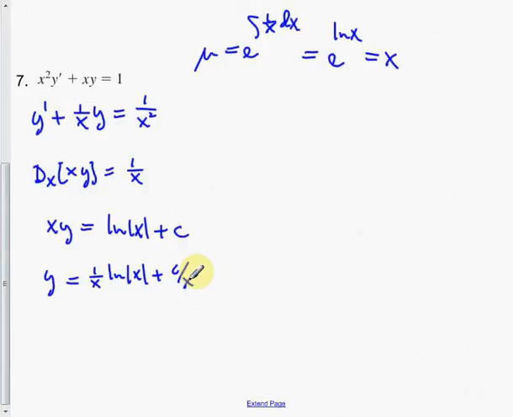The transient part is c over x, and it exists on the open interval from 0 to positive infinity. Is everybody happy with that? Okay.